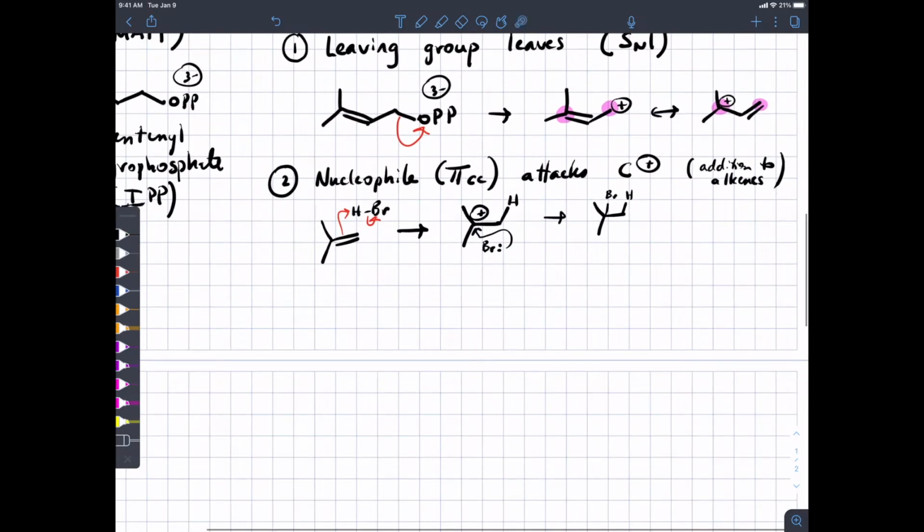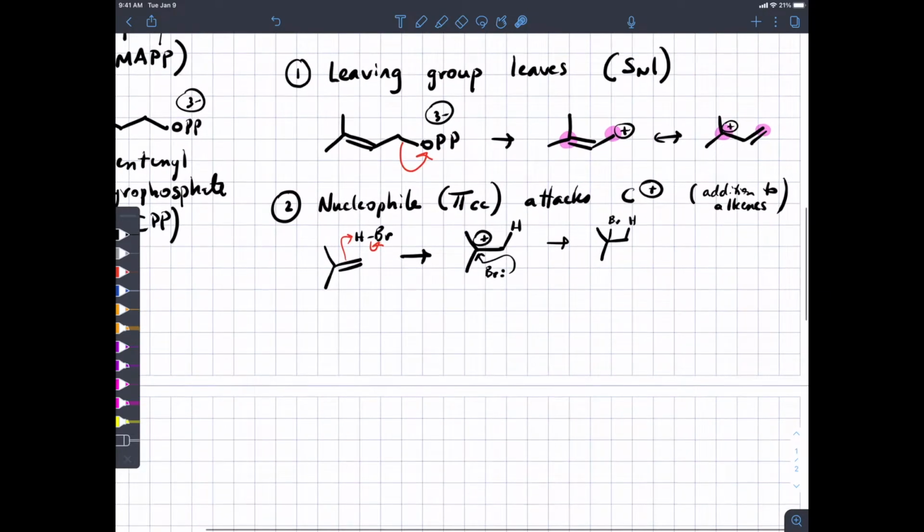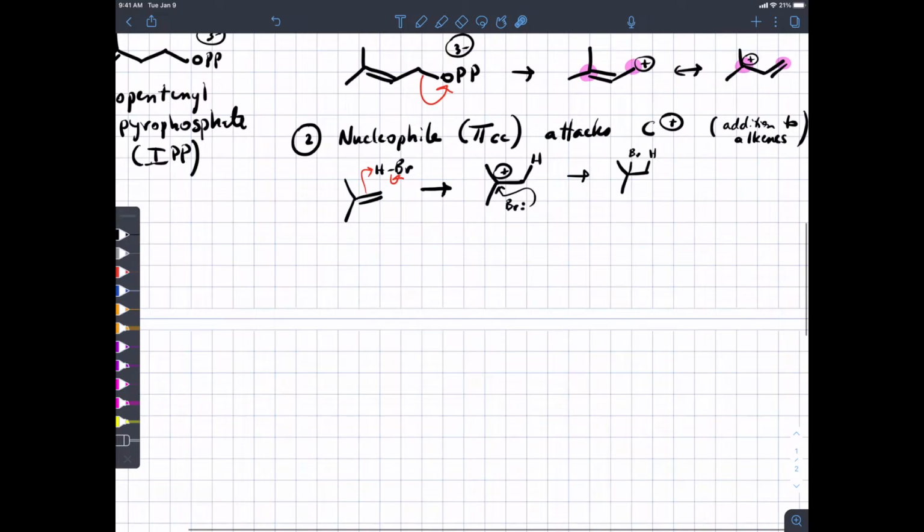What you haven't seen before, and you've also seen before a nucleophile attacking a carbocation. That's sort of SN1 chemistry. What you probably haven't seen before is the combination of these two, where a pi bond is the nucleophile that attacks a carbocation. So what does this look like? Here's our carbocationic intermediate that we got from the leaving group leaving from dimethyl allyl pyrophosphate.